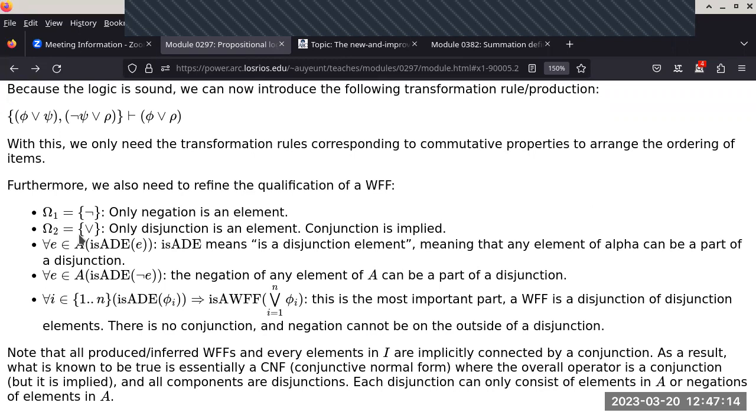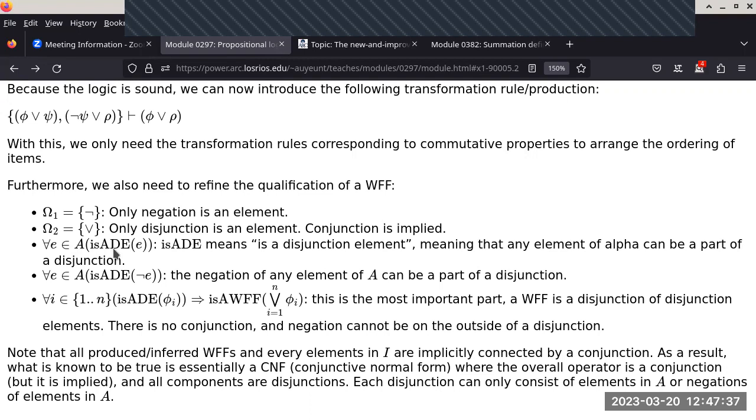But the way we define a well-formed formula is changed a little bit. So I have to introduce ADE, disjunctive element, as a predicate. Everything in alpha is automatically a disjunctive element. In other words, it can appear in a disjunction. Is that okay?